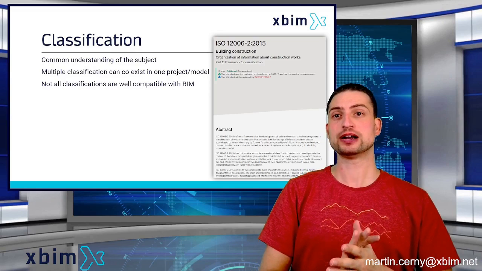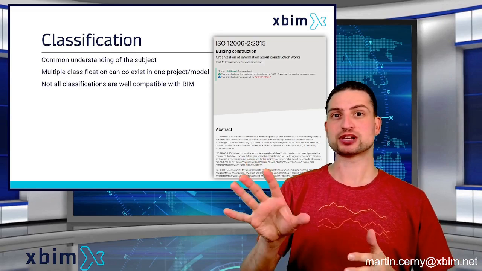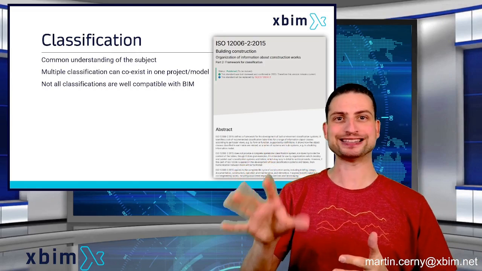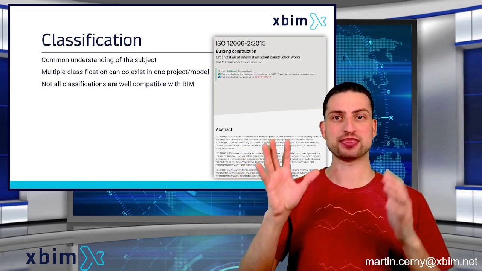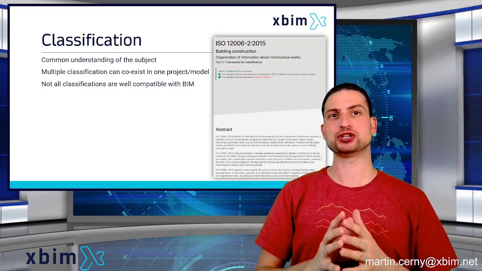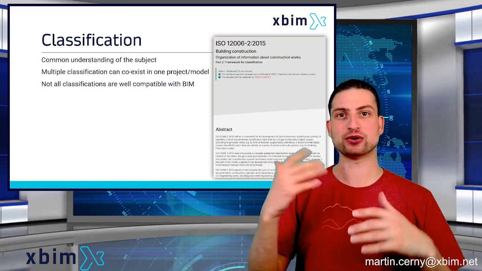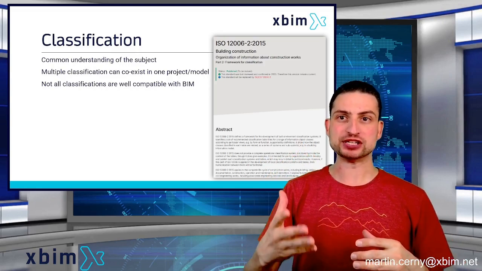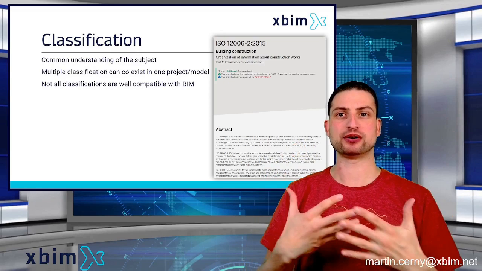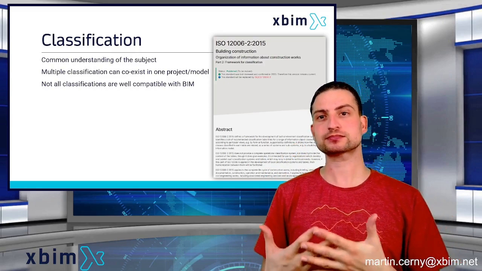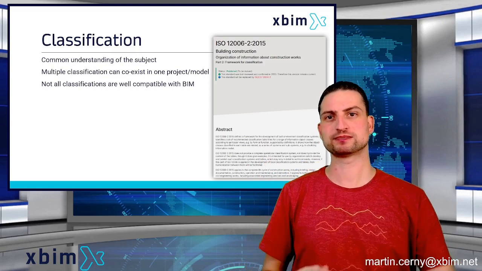Is it a floor? Now this ISO standard describes the framework for classifications, so don't get disappointed. It doesn't describe the classification, but any classification which is created based on this framework will be much easier to use together with BIM data in your authoring environments and throughout the process.